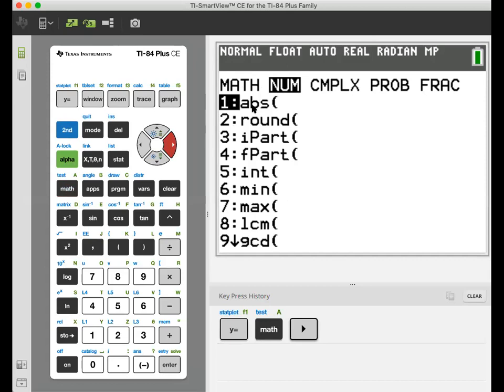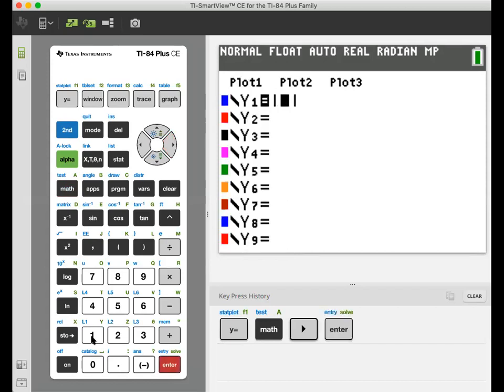And the first option, option number 1, is ABS. This is your absolute value. You can either choose to hit number 1 or just click enter. Now, if you have the TI-84 Plus CE, this will actually give you the bars. If you just have a TI-84 or a TI-84 Plus, I think it pops up as ABS and then puts a parenthesis. It just looks different. It means the same thing.